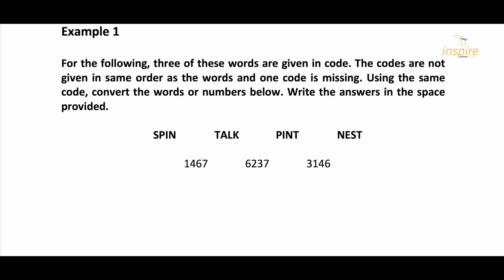Okay, so let's grab a green pen. What we're going to look at first is the words spin, talk, pint and nest. Notice they have letters, and you can see some letters that are repeated. For example, you can see an N here, an N here and an N here.